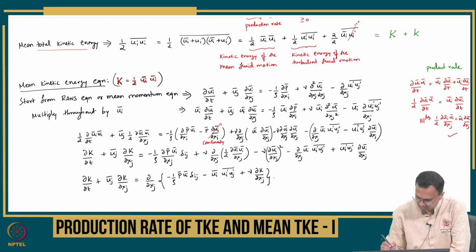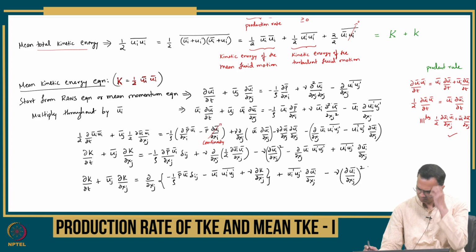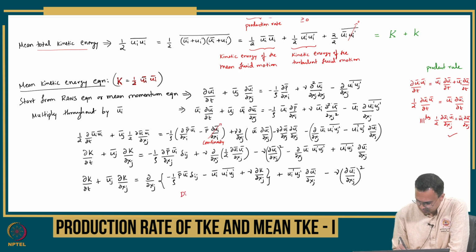So this is the diffusion rate term, and I have the production rate, which is plus ui' uj' average ∂ui bar/∂xj, and lastly minus nu (∂ui bar/∂xj) squared. So I have the same thing: diffusion rate, production rate, and the dissipation rate.